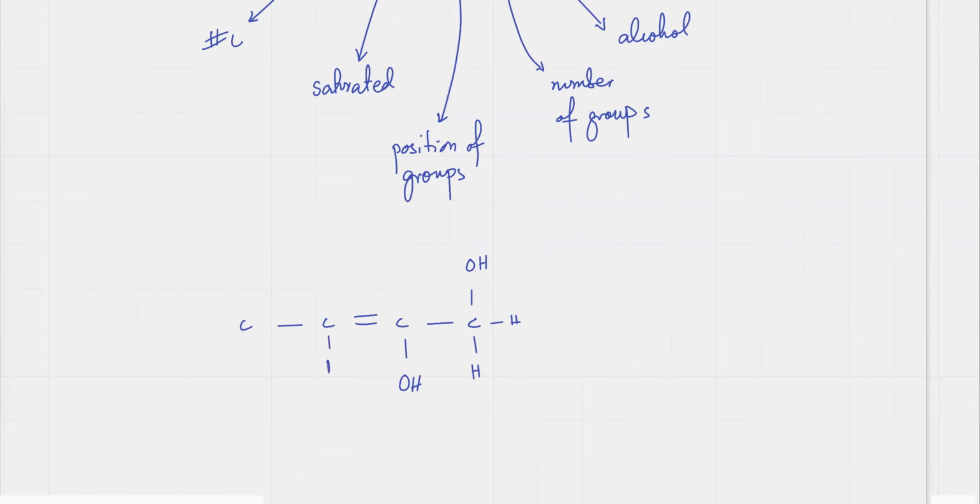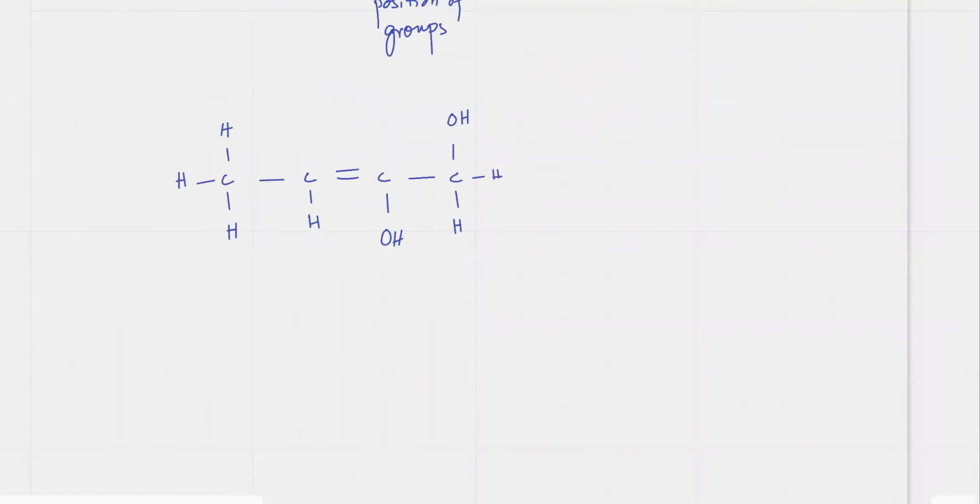This one will have 1 H, and there will be 3 H's with this one. So now it's an alcohol with a double bond, which means it's an unsaturated alcohol. What would happen to the name? It's 4 carbon atoms, so that's but-. First thing, it's got a double bond, it's unsaturated, so the an will change into en.